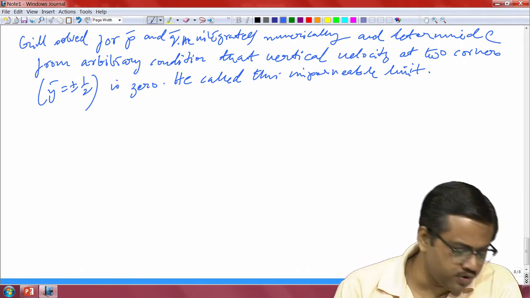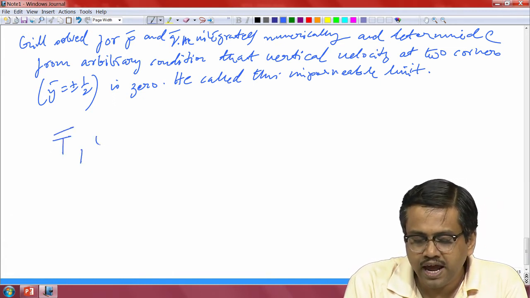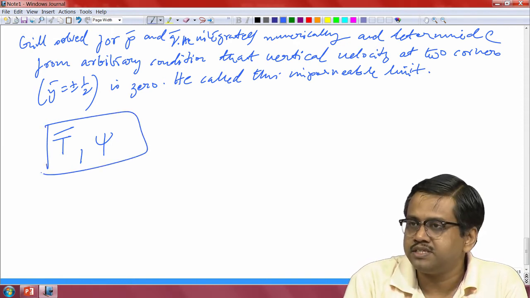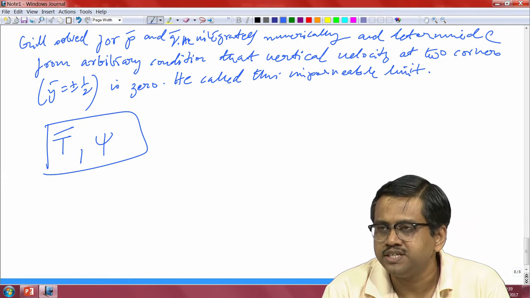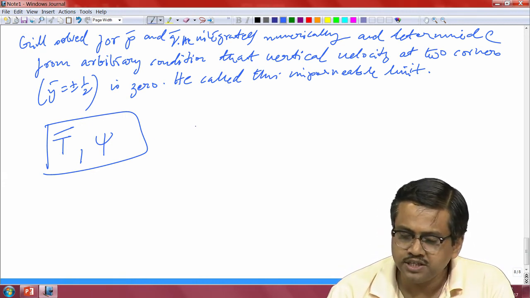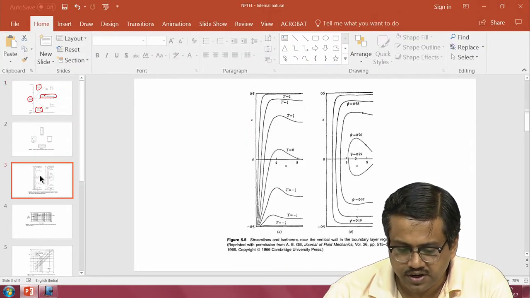Okay. Now, what we are going to show is some data in which we are going to plot T bar and the stream functions. Stream functions is nothing but the velocity field, as you know, the velocity is always tangential to the streamline, right. So, we are going to show these 2 results, and this is taken from Gill's work.